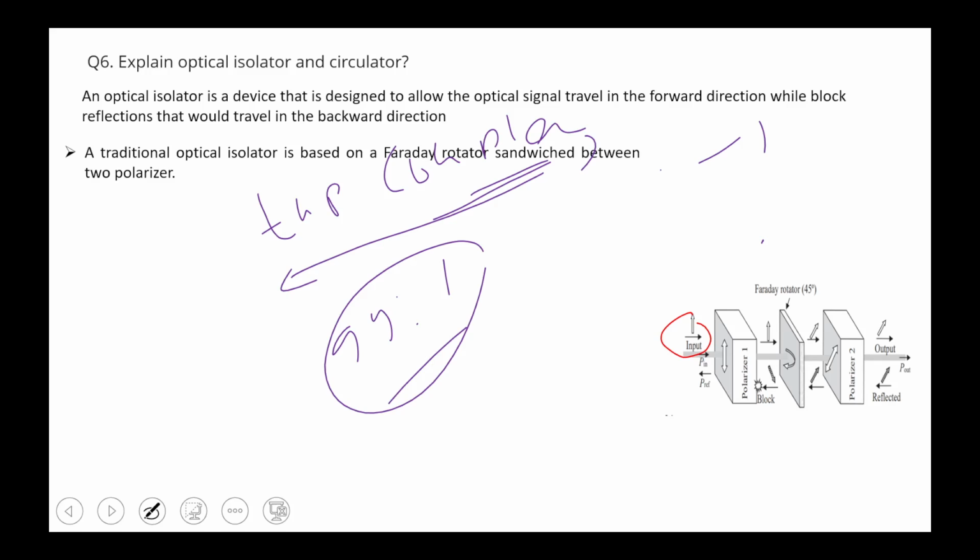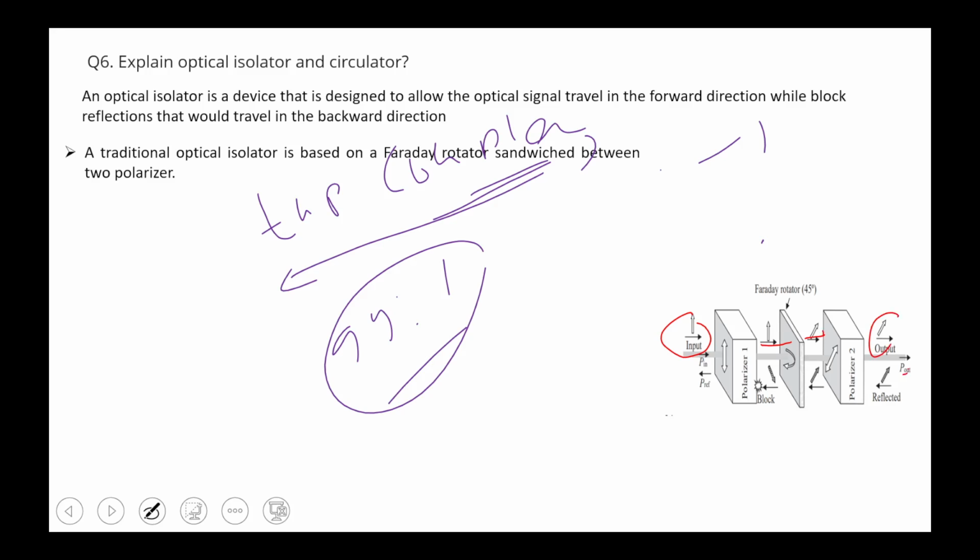This is the first polarizer, which will polarize the signal, either vertical or horizontal or elliptical, whatever way it is polarized. Then it goes to the Faraday rotator and rotates by 45 degrees, and this second polarizer will again polarize the light at the output side.